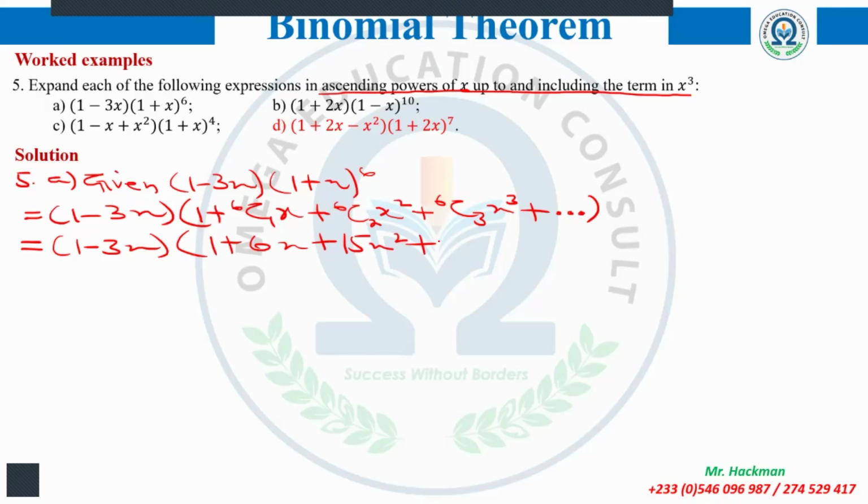Then 6 combination 3. You shouldn't waste time on this, it is just calculator work. That gives 20, so 20x cubed. Am I right? Then plus what? Your ellipsis. Is that clear?